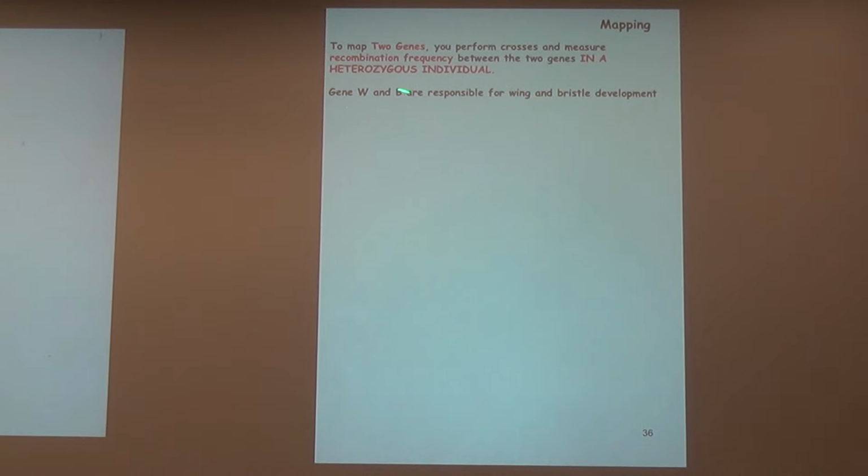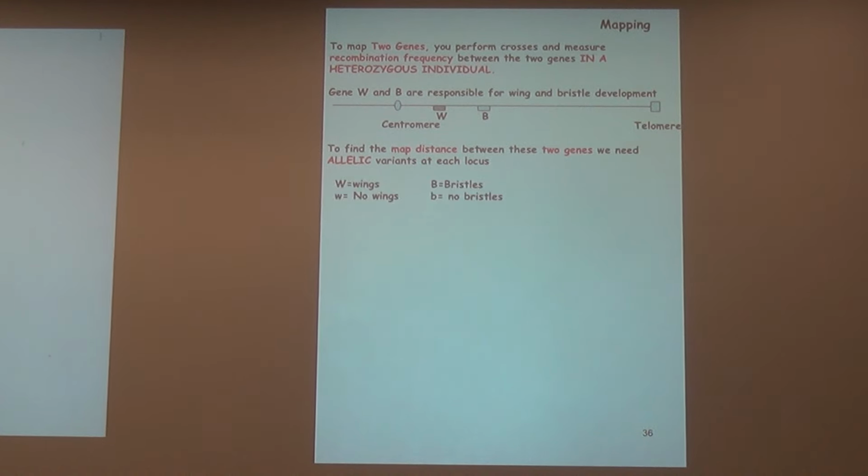So, let's imagine you have two genes W and B that are required for wing development and bristle development. And so to map the distance between these two genes, you're going to need certain alleles of the two genes such that we can generate a heterozygous individual for both of these genes at each of these loci.